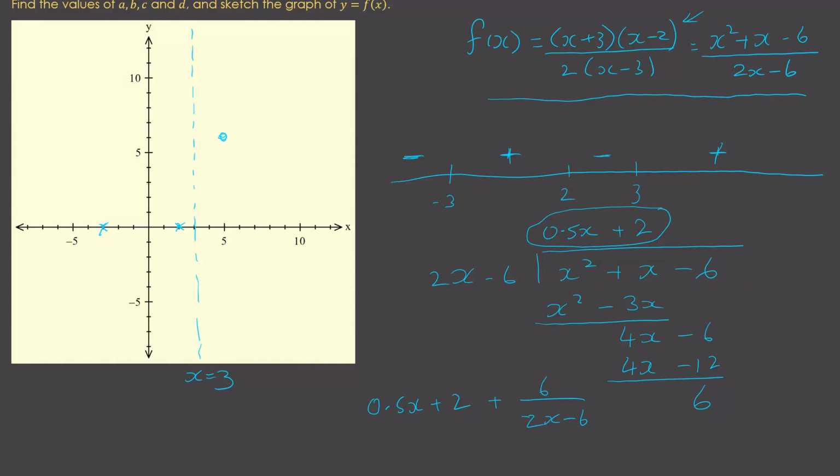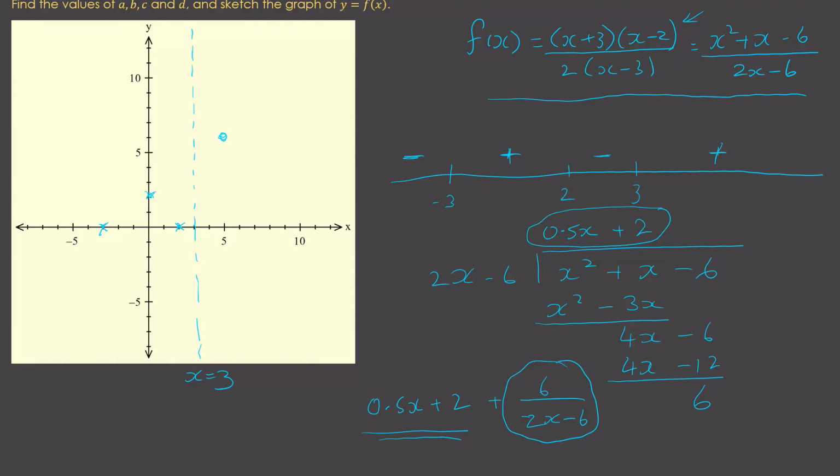When x tends to positive or negative infinity, this part would tend to 0, and that's why this is an asymptote. So we know that y equals 0.5x plus 2 is an oblique asymptote.